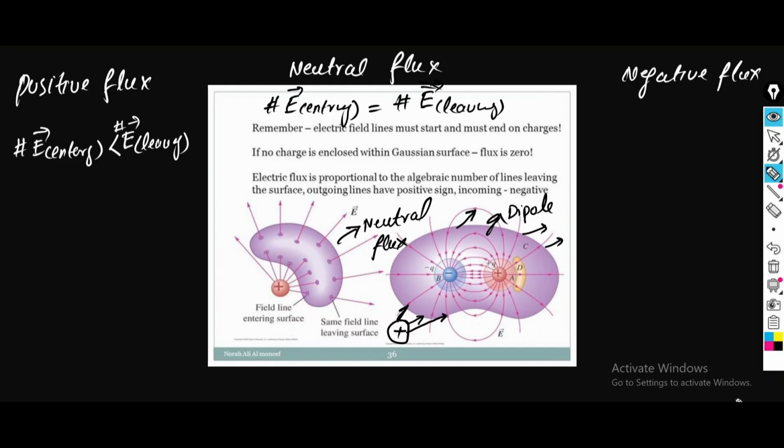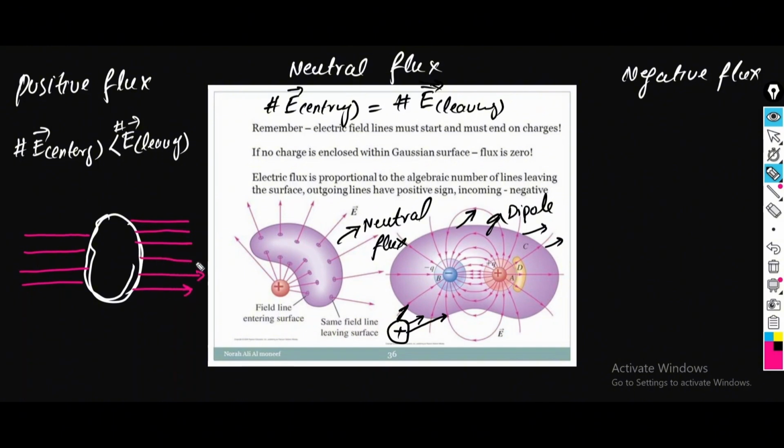If I consider a Gaussian surface, and the number of electric field lines entering is, let's say, 4 in number, and the number leaving is 6 in number, 1 2 3 4 5 and 6, in this case we call this a positive flux.